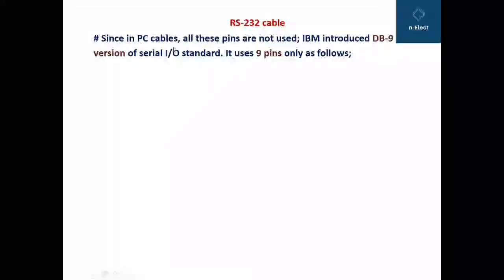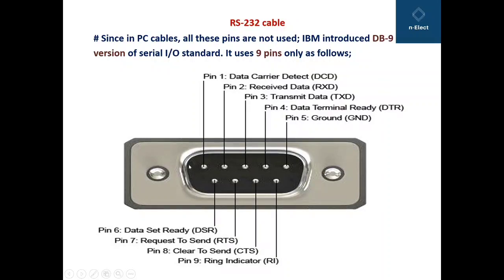Since in PC cables all these pins are not used, IBM introduced the DB9 version of the serial IO standard. It uses only 9 pins, with 5 pins on the upper side and 4 on the lower side.